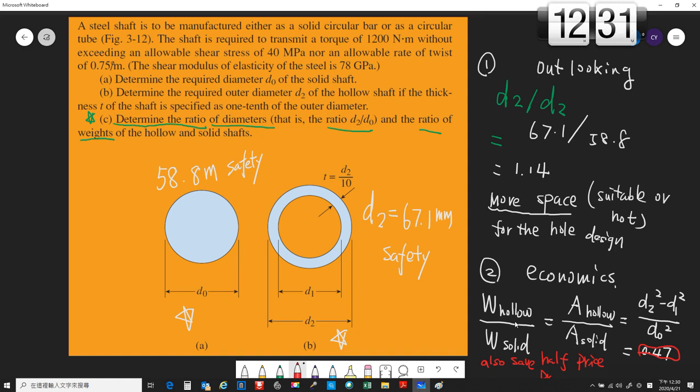Everybody, please pay attention to it. The final part of the example is very significant. These two already satisfy the safety requirements. That means you can use the hollow with more space, 67 millimeter, or the small space of 58 millimeter here.